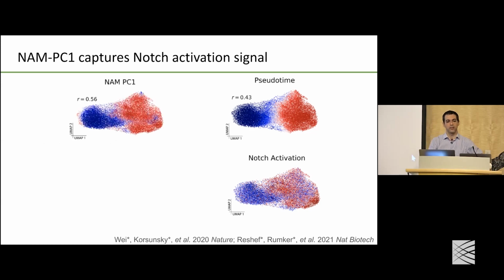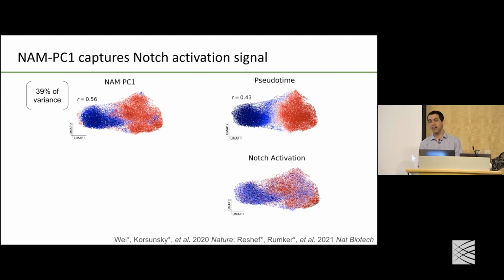And sure enough, it actually turned out that NAM-PC1 seemed to capture the signal pretty well, actually even a little bit better than the original trajectory-based analysis with a correlation of 0.56 to this experimental ground truth. So in this case, we kind of achieved the same result as the trajectory-based approach, but without any parameter tuning. This was with CNA default parameters.